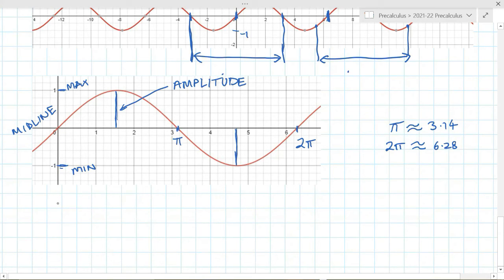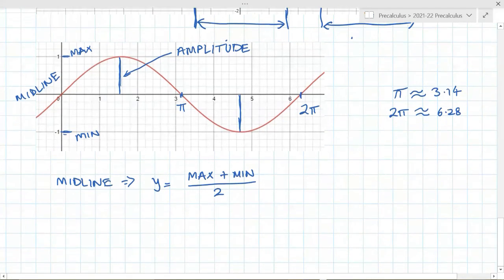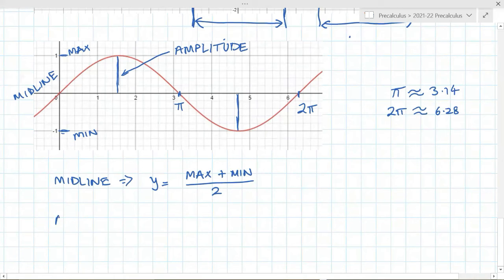What is midline? Midline is just the average of those two. So midline will be the equation of this line, right? So this will be y equals max plus min over 2. Right? Average gives you the midpoint. So this is the midpoint of max and min. And the amplitude will be half the distance between those.